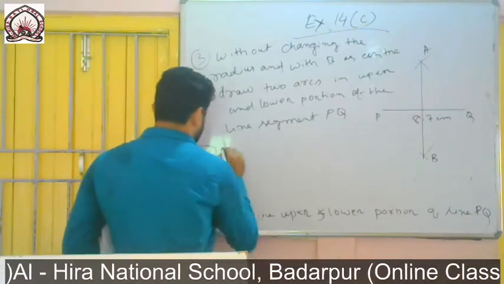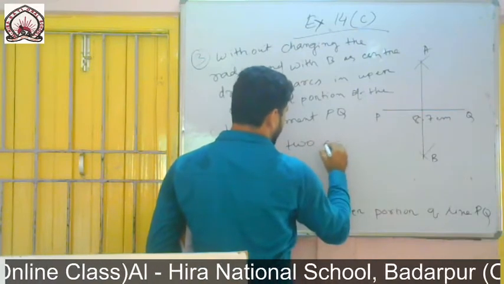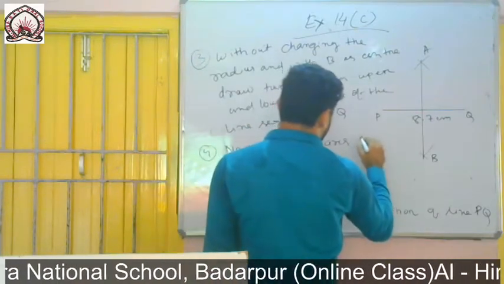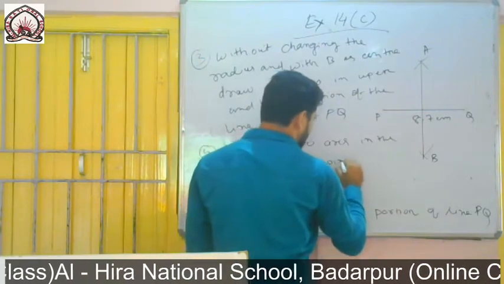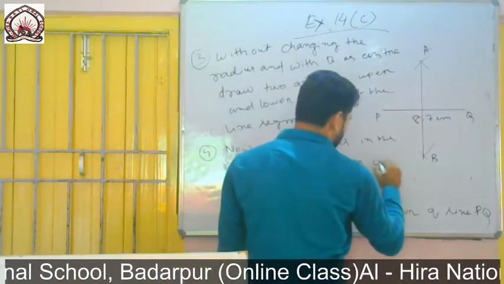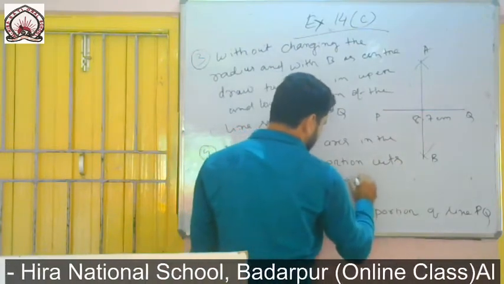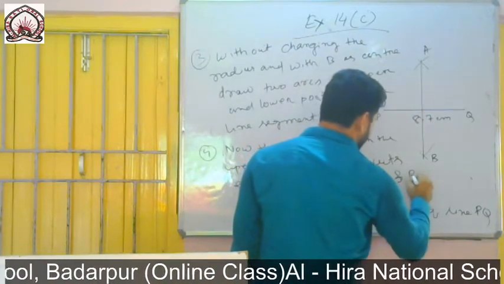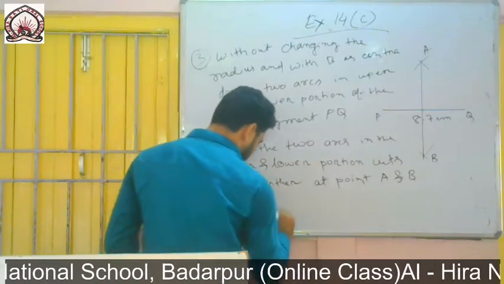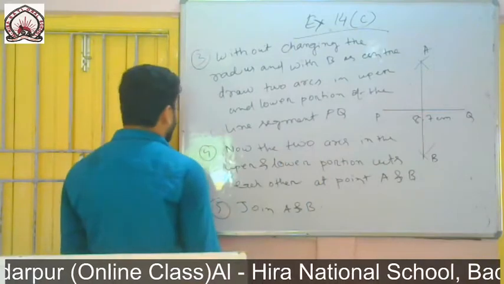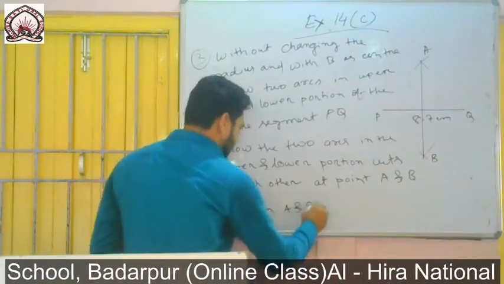Number 4. Now the two arcs in the upper and lower portion cut each other at points A and B. Number 5, join A and B, and number 6 you write, thus join A and B with ruler.